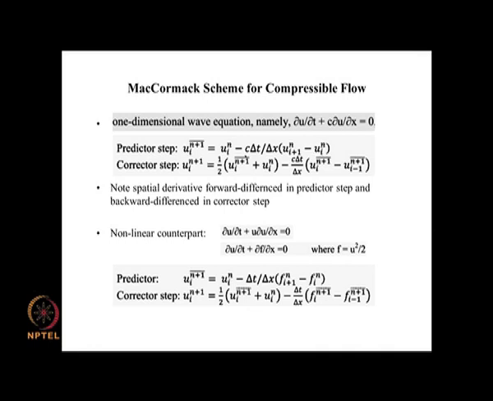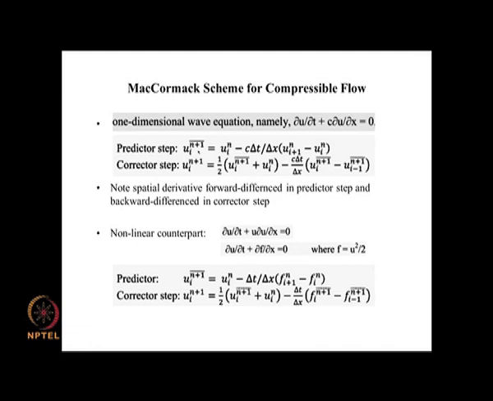If you look at this step carefully, this is nothing but FTFS, because if you bring this here and then divide by delta t, so dou u by dou t is being evaluated as (u_i^{n+1} minus u_i^n) divided by delta t, and dou u by dou x is being evaluated as (u_{i+1} minus u_i) by delta x. So, this is the FTFS explicit form, which we know is unstable.